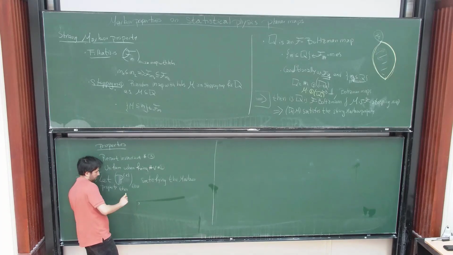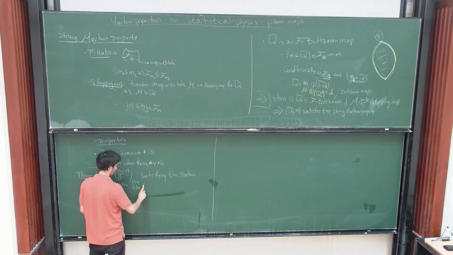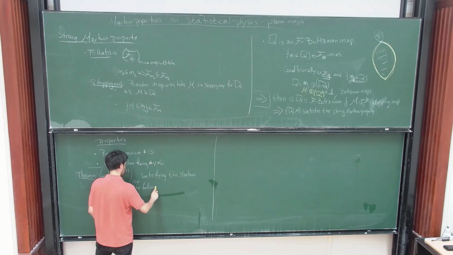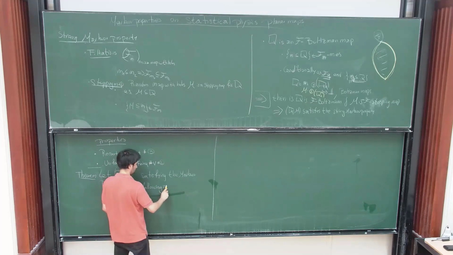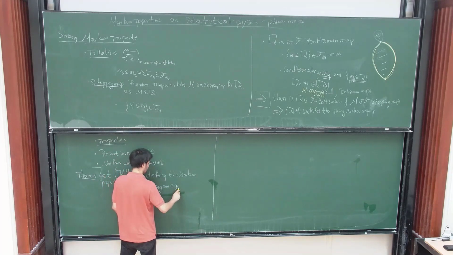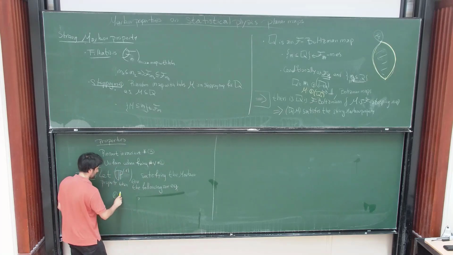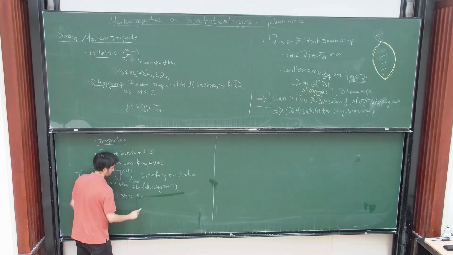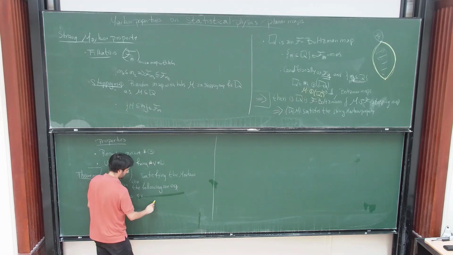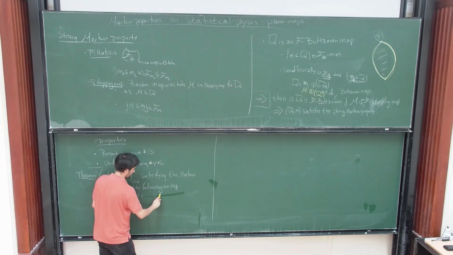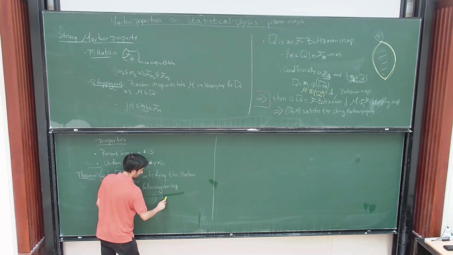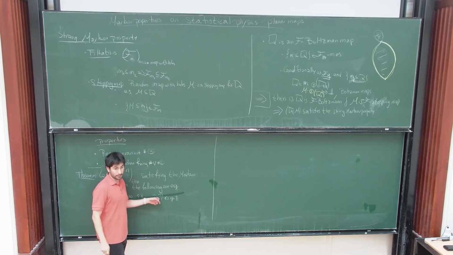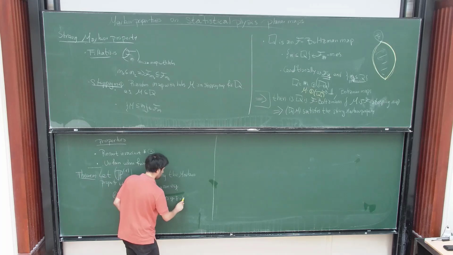Then the following are equivalent. One: there exists a Q such that P_L is Q Boltzmann. Note that it is the same Q for each L.